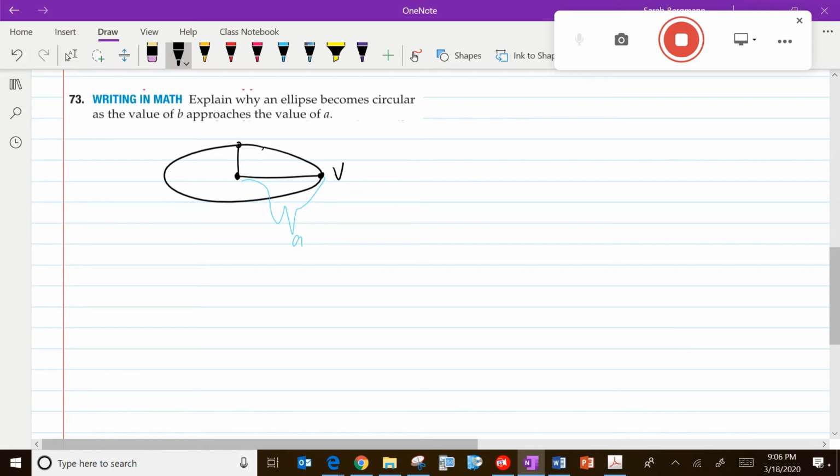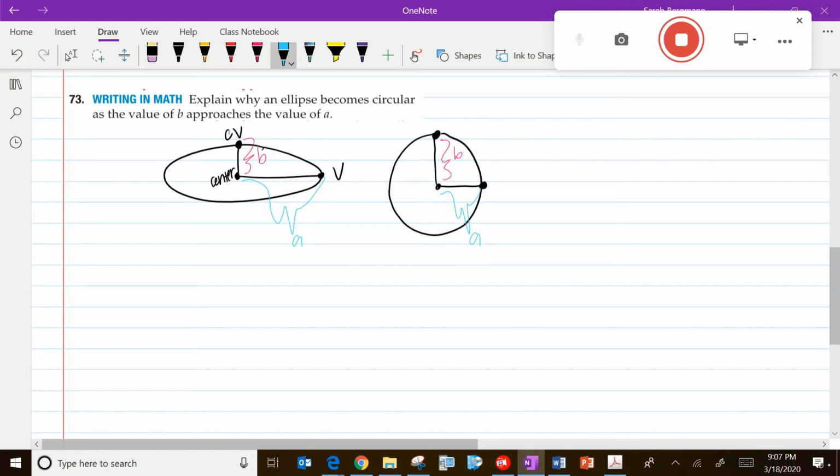The b value represents the center to the co-vertex along the minor axis. So if a and b are getting closer together, that means the distance from the center to the vertex is getting closer to the distance from the center to the co-vertex.